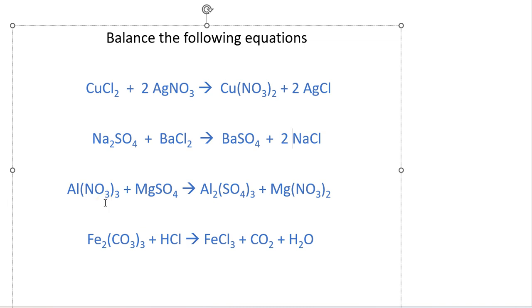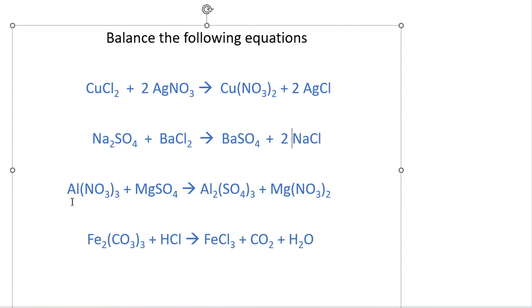Next, I see 2 groups. NO3 on the left stays as NO3 on the right. I'll treat it like one thing. SO4 on the left, SO4 on the right also, I'll treat it like one thing. So 4 things to look to balance: Al, NO3, Mg, SO4.